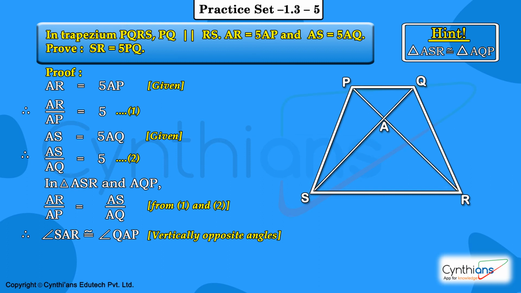But wait, there is a problem. Suppose if I name the first triangle ASR, we need to name the second triangle as well. So the first letter is A. We know angle A is equal to angle A. So let us write A there. S. Now when you look at the first ratio, look at the missing letter in the numerator.